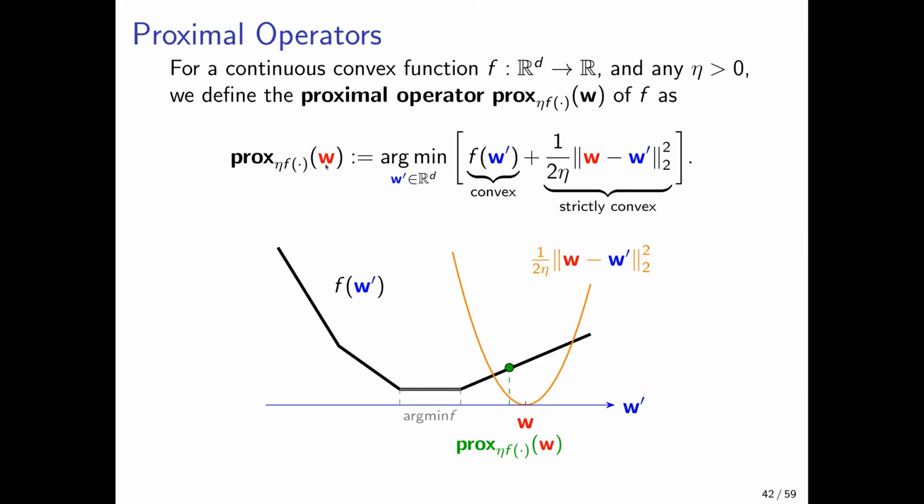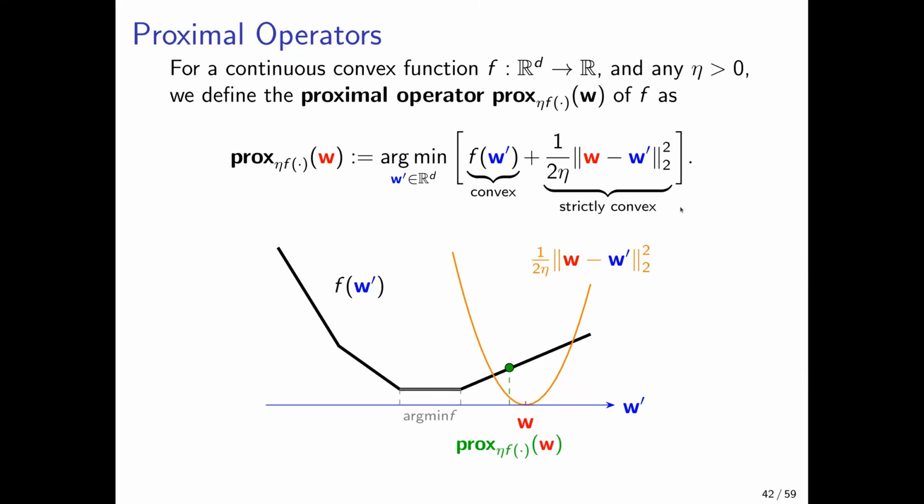For any w, the proximal operator of w is defined as the argmin of this objective. This is a rather tricky but also very elegant definition, but it takes a moment to understand and let that sink in if you're seeing this for the first time.